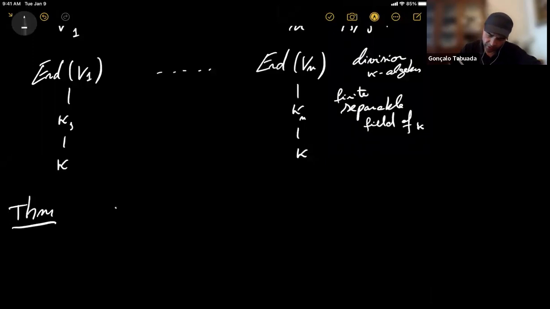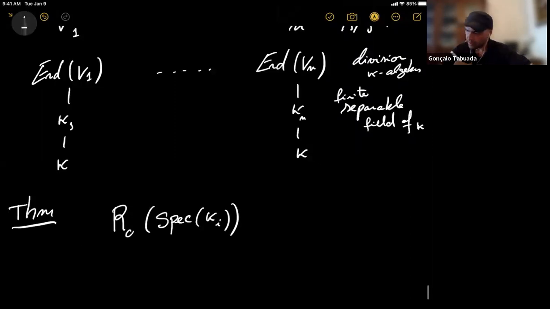if you look at the Riemann hypothesis, the classical one, associated to these zero-dimensional varieties, Ki, for i varying between 1 and n.